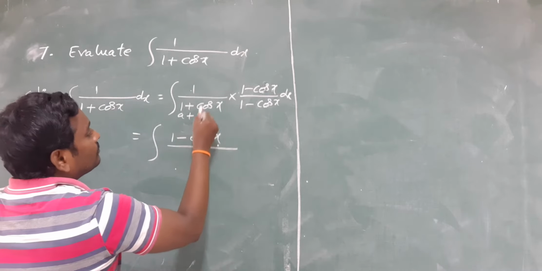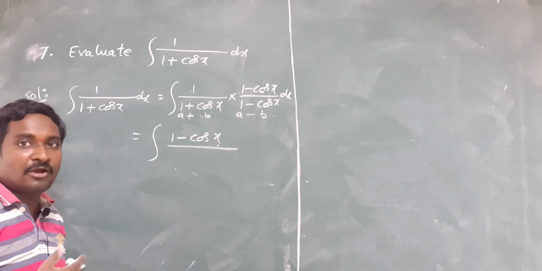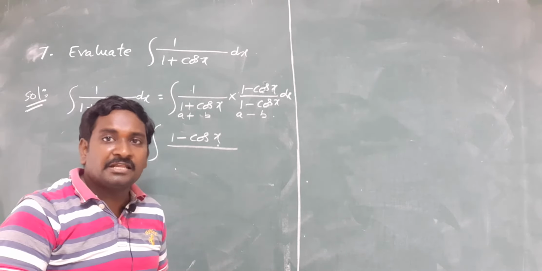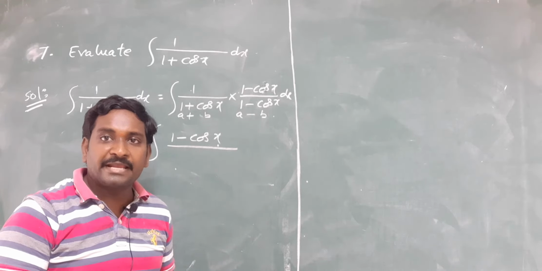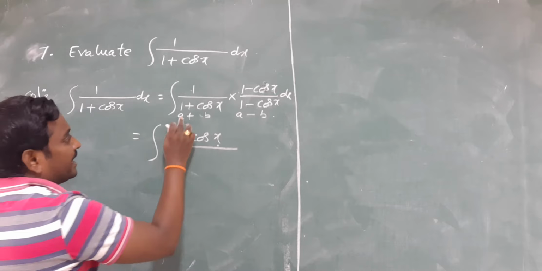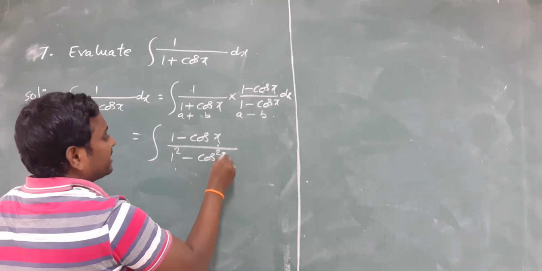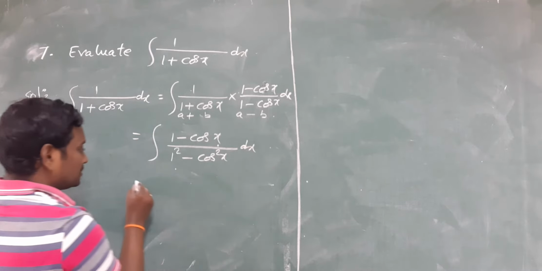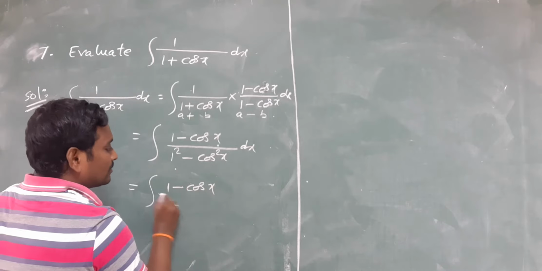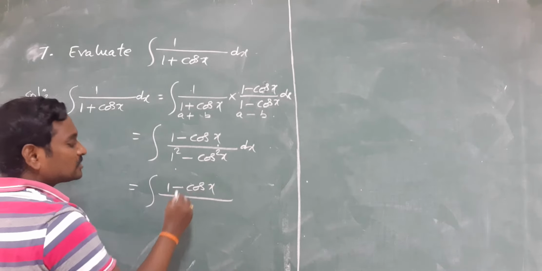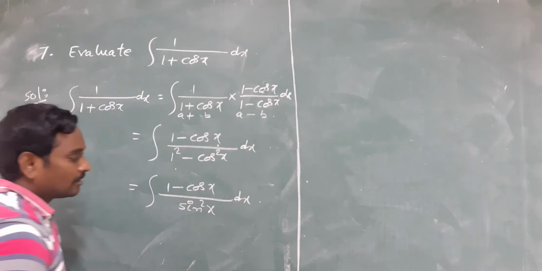Now the denominator must be in the form of a plus b into a minus b. Whenever you take the rationalization of the denominator, in the denominator you will definitely get the form a plus b into a minus b, which is a square minus b square. So 1 square minus cos square x of dx, that is equal to integral, numerator is the same, 1 minus cos x by, what is 1 minus cos square x? Which is sin square x from the knowledge of trigonometry.